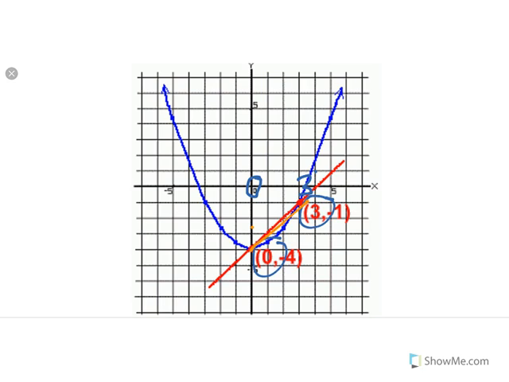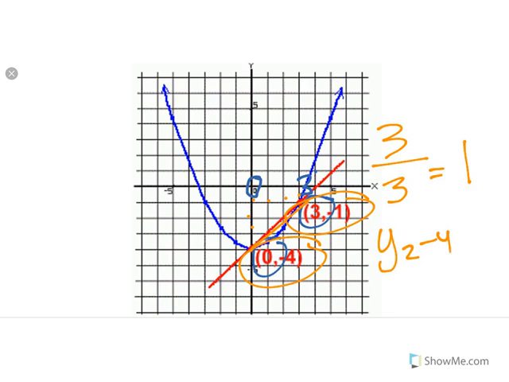I'm going over 1, 2, 3, and up 1, 2, 3. So if my slope is 3 over 3, then it's actually 1, because you're going up 1 over 1. Or you can always take those 2 points and plug them into the y2 minus y1 equation to figure out what the slope is. That's helpful too.